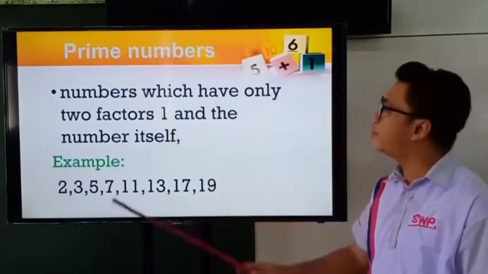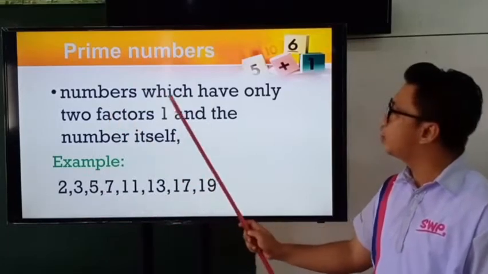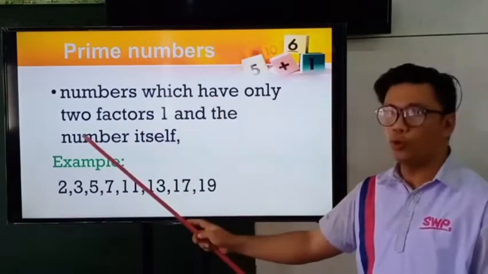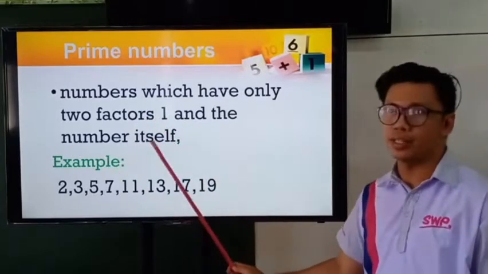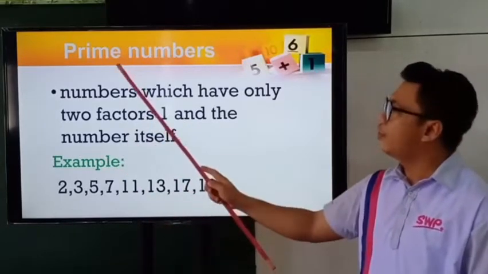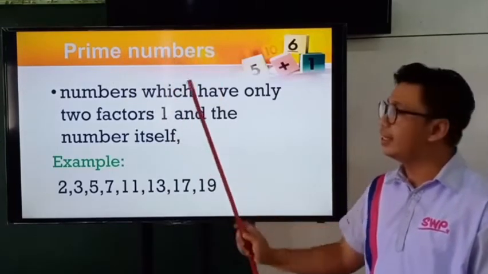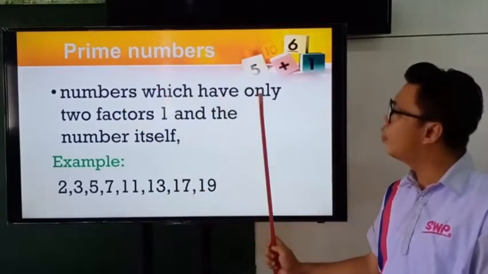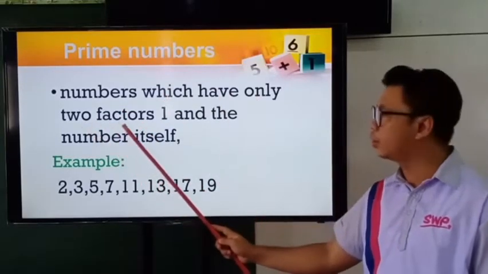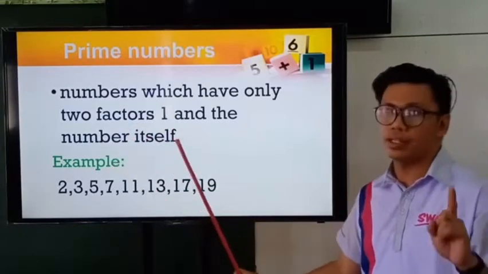So we have here prime numbers. When we say prime number, that is a number which has only 2 factors, 1 and the number itself.